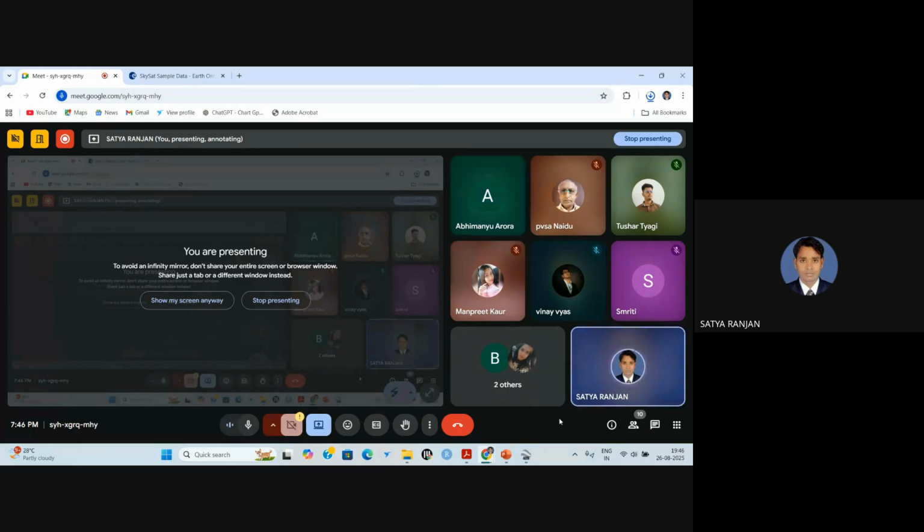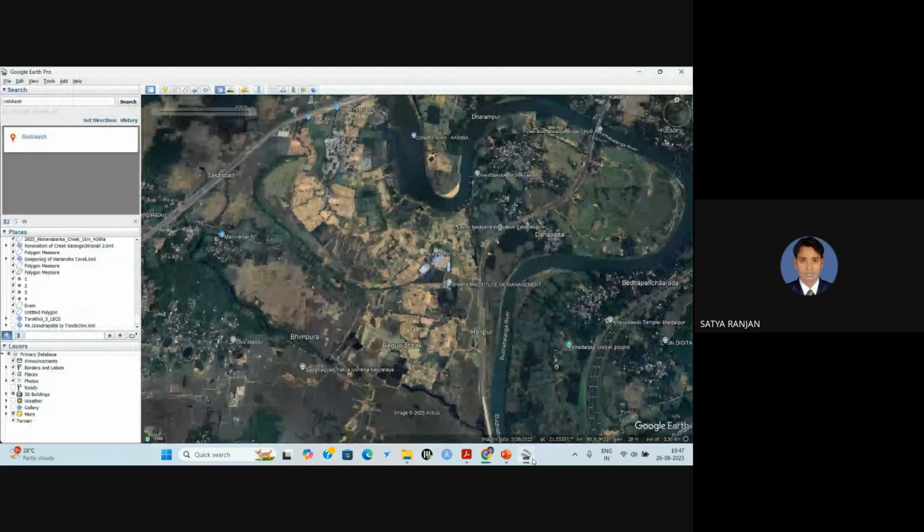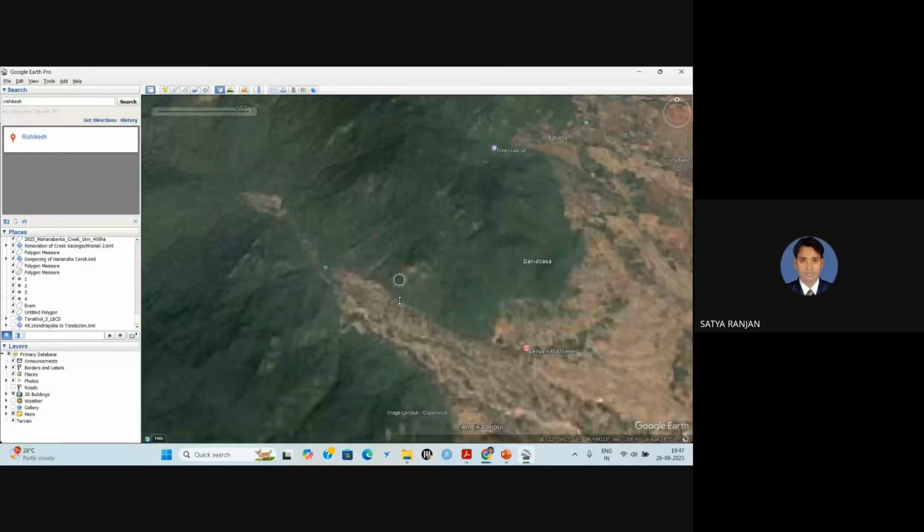Generally, catchment area is, suppose one river is there, the area from which all the drainage pattern contributes.